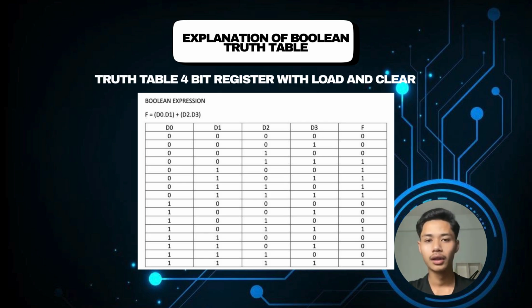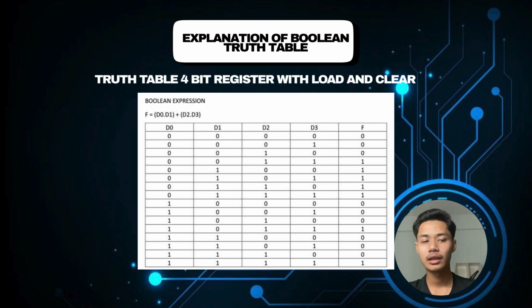For the Boolean table, the formula is F equals D0 and D1 or D2 and D3. So the basic formula is the rows: 2 to the power of 4 is equal to 16 lines and 4 rows.